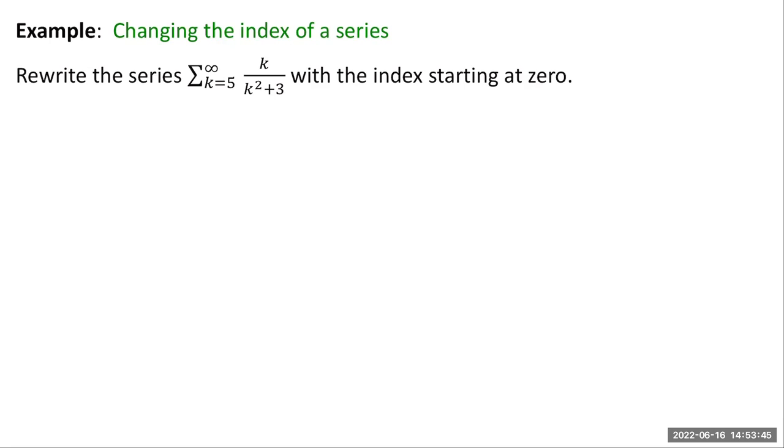I'm going to write the new series starting at index 0, using a new indexing variable n, going from 0 to infinity. Now I need to figure out what to put here. Just like in section 7.1, we start with the indexing equation, the starting index in the original series: k is equal to 5.